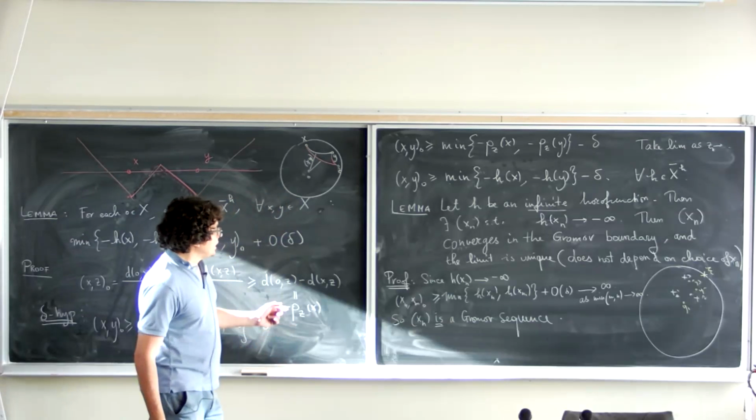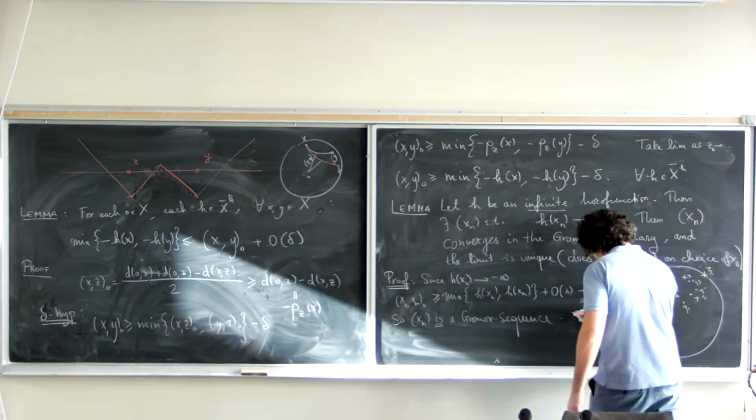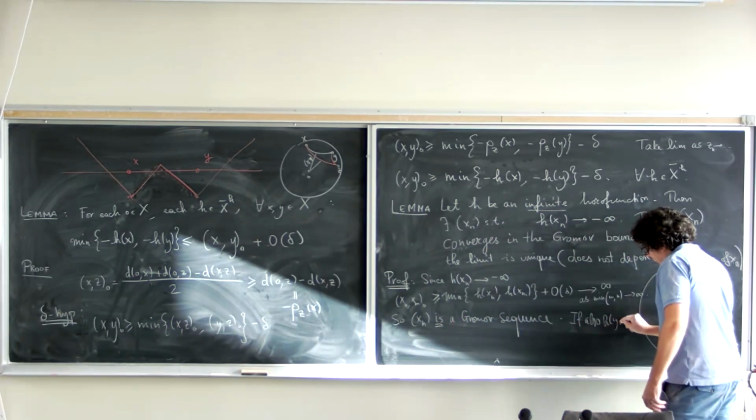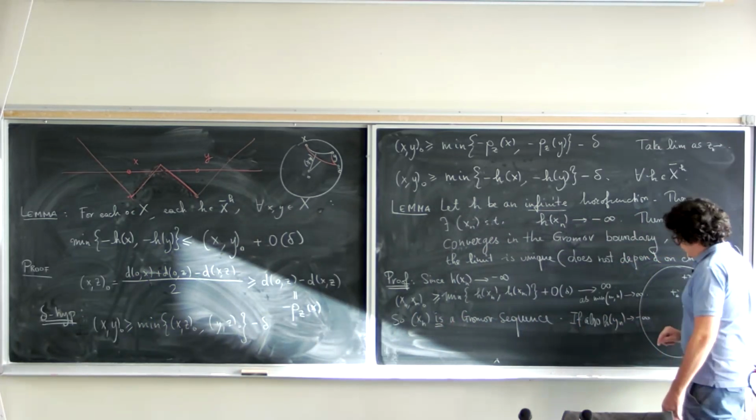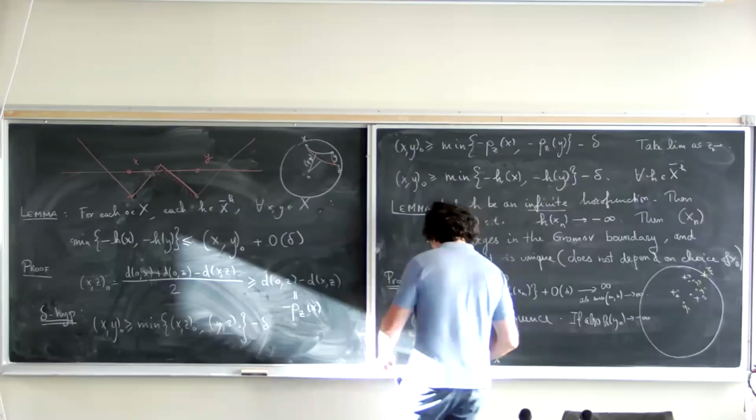And then why is it unique? Well, because again, if you also take another sequence, yn, that goes to negative infinity, well, you can compare them, right?